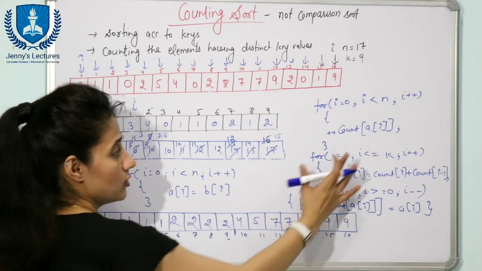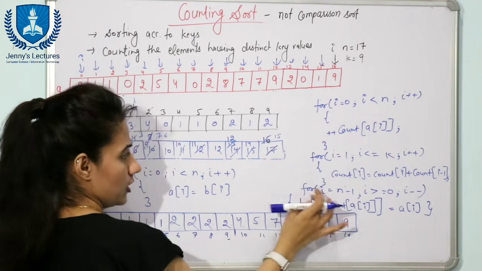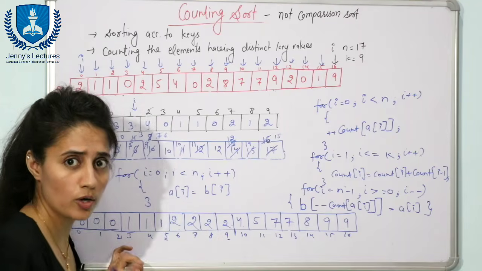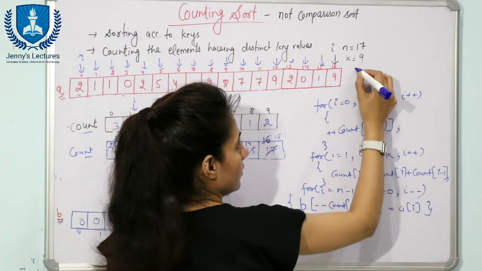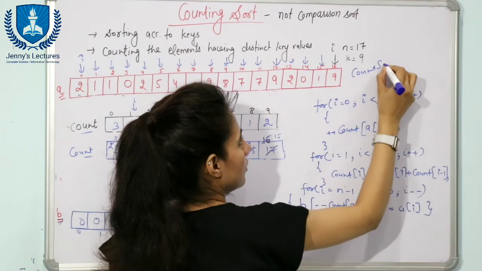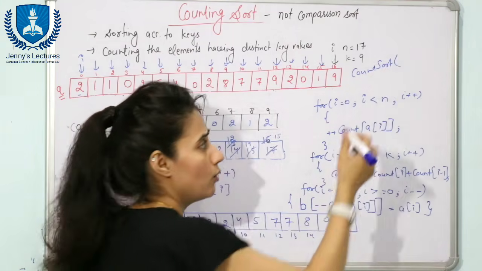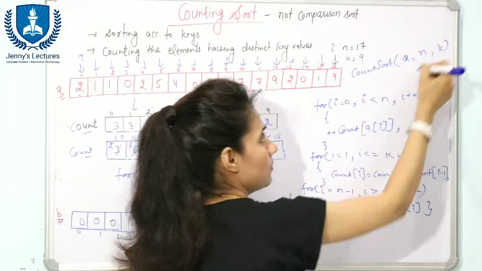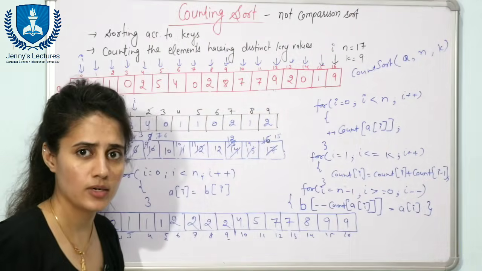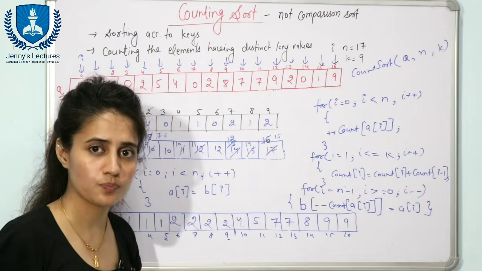Fine. These four loops you are going to write in a function; you can name it count sort. In count sort you can pass the array and the number of elements, and sometimes the k value would also be passed. If it is given, then you can pass the k value.